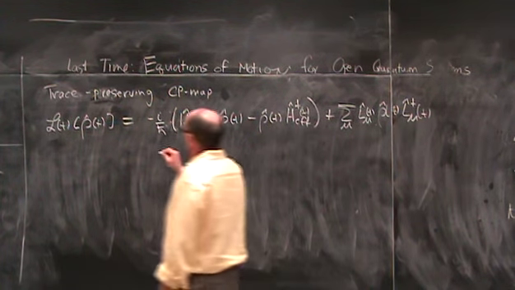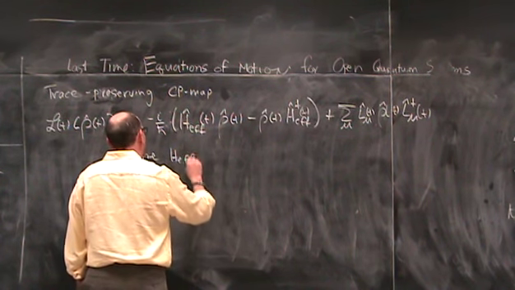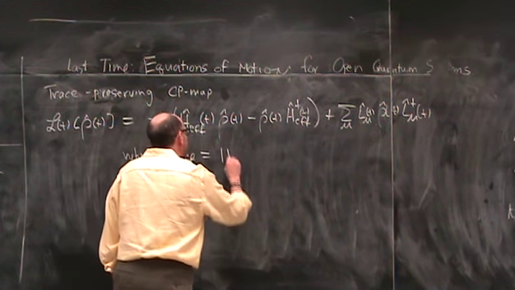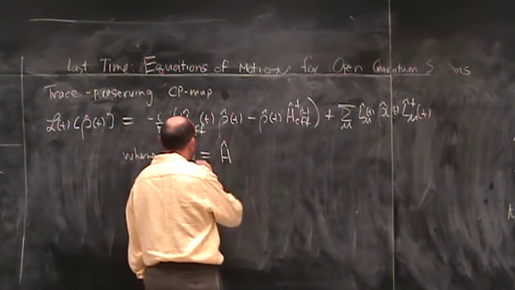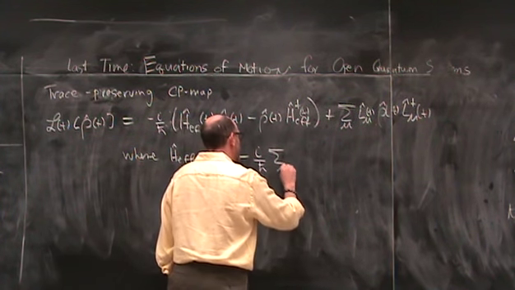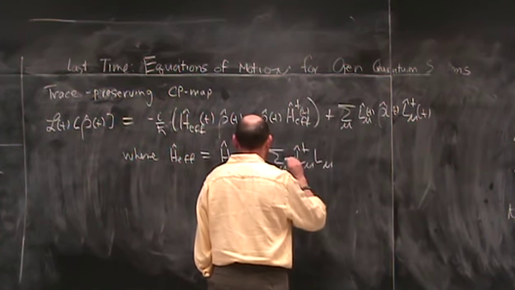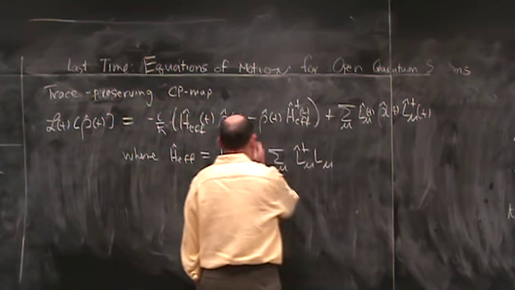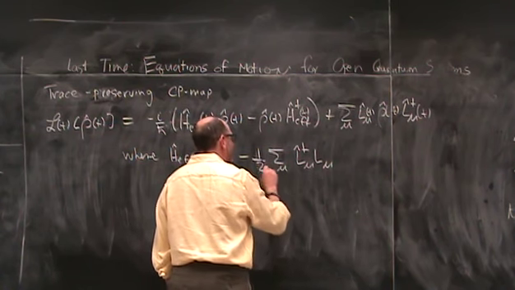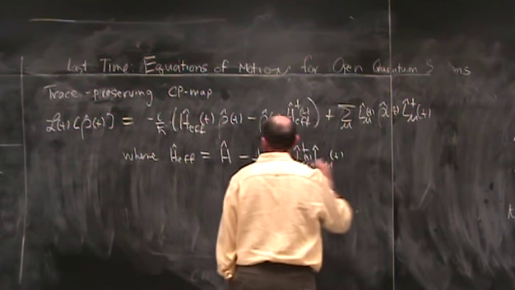Here H effective is a non-Hermitian operator whose Hermitian part is the Hamiltonian and whose anti-Hermitian part is given by this sum. In principle, everything could be a function of time if I'd like it to be.